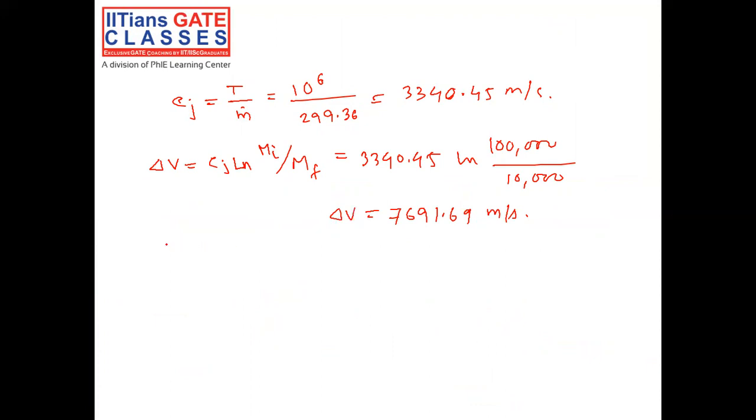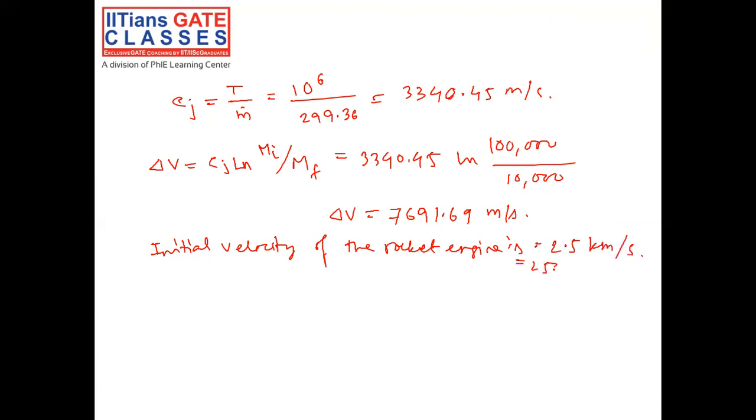The initial velocity of the rocket engine is 2.5 kilometer per second, which is 2500 meter per second.